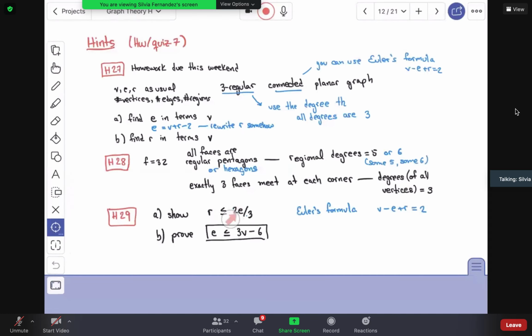That's hinting that maybe we should use the degrees theorem or the regional degree theorem, because 2E equals the sum of degrees or the sum of regional degrees. And because we are trying to bound R, you want to use the regional degree theorem, because the regional degrees tell us something about the regions, right? So this is telling you, use the regional degree theorem.